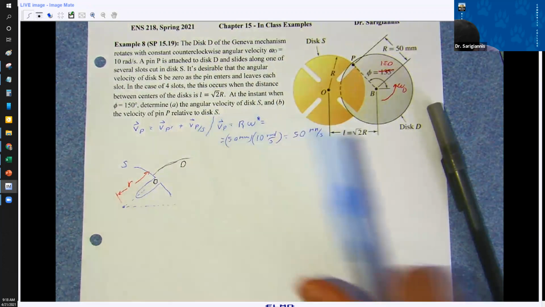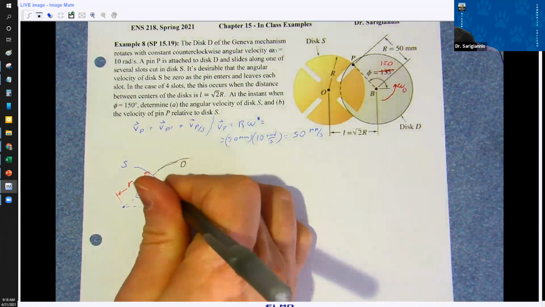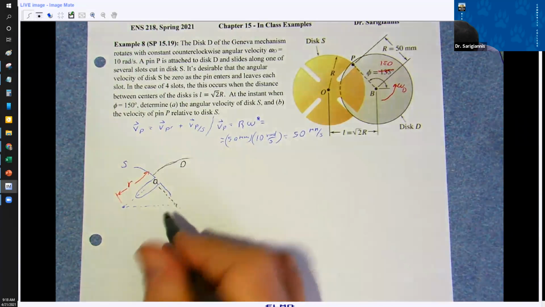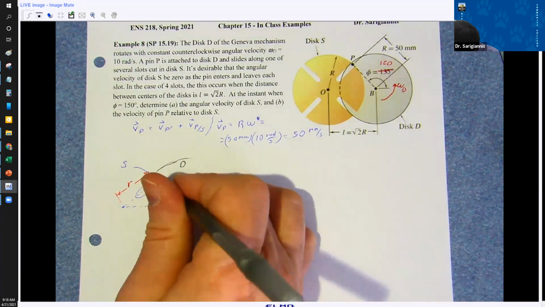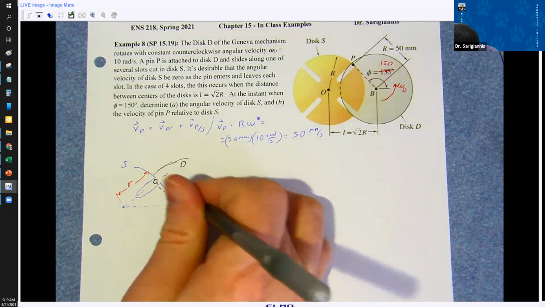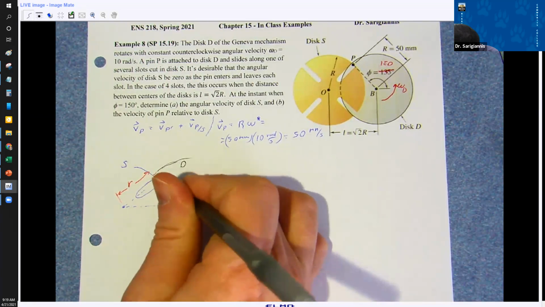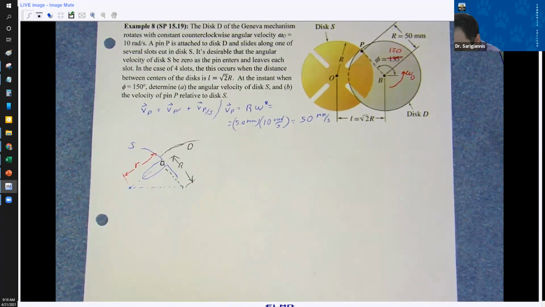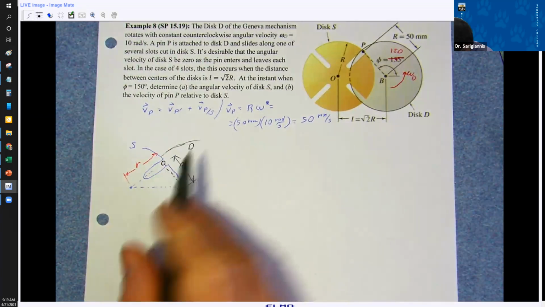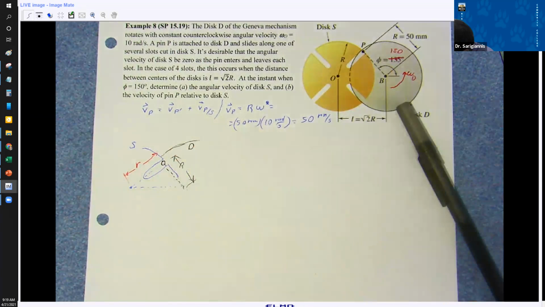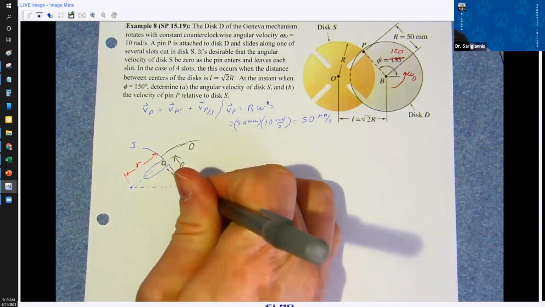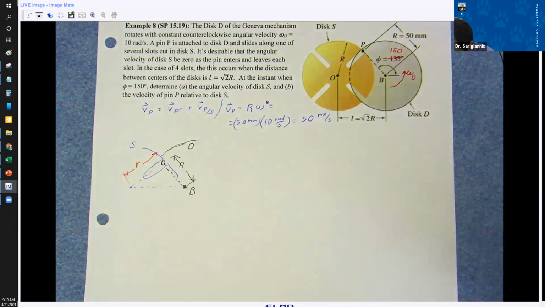This pin has its own, I guess this disk D is not very well done, but this is a radius R. It's a sketch, what do you expect? This pin has its own radius to the center of D. Let's call this point B, and this is point O over here.